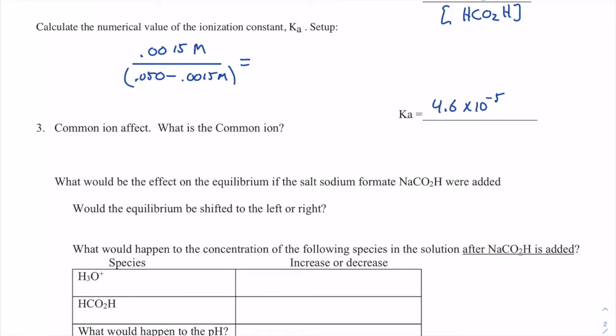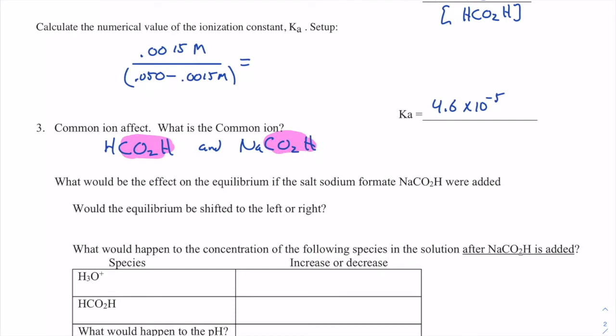So a common ion, another way of looking at it, would be to say that the formate ion is common to both the acid and a salt. So you can see that formate is common to both the acid and the salt.